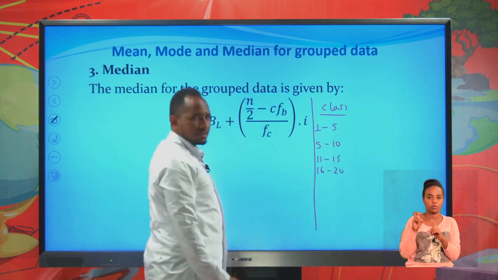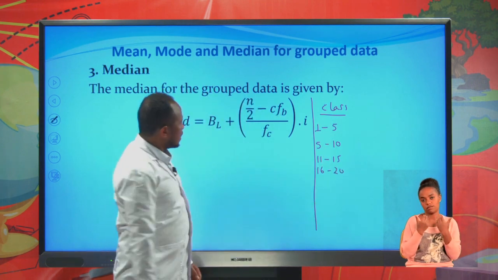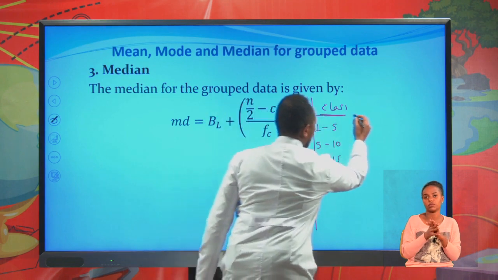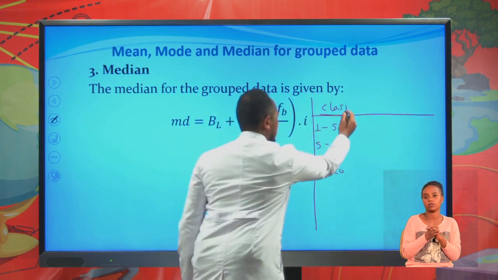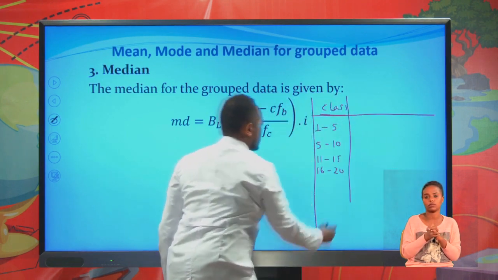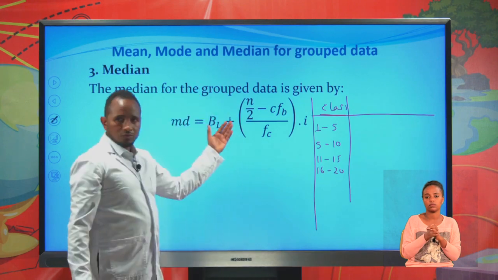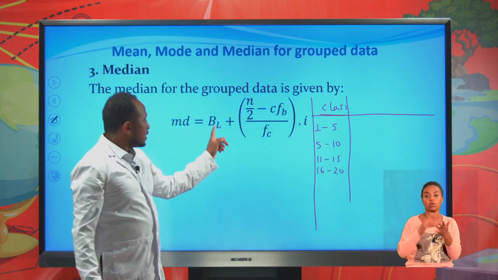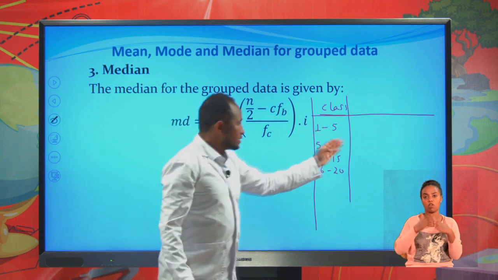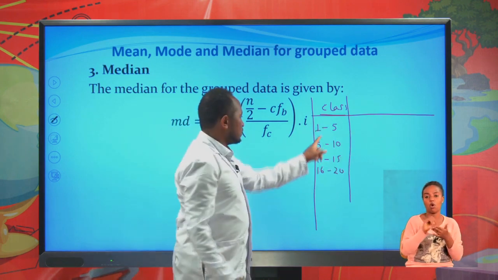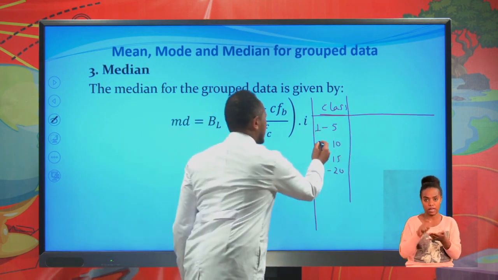Assume we have 4 grouped classes. Now, to apply this formula, we need to find the class boundary. So I need to write the class boundary of this one.